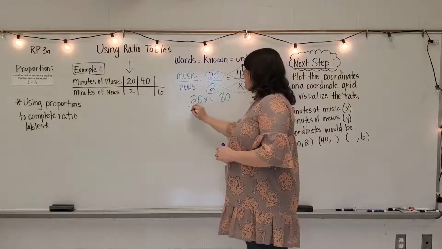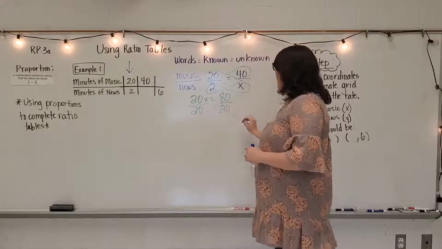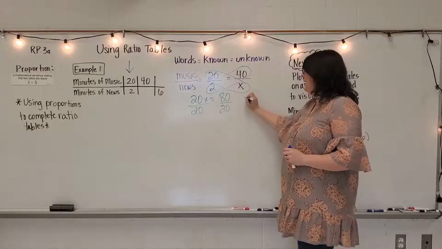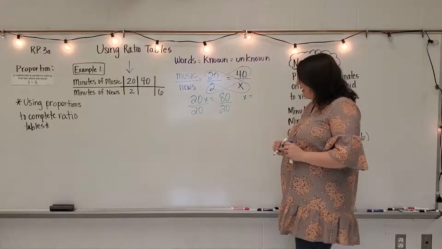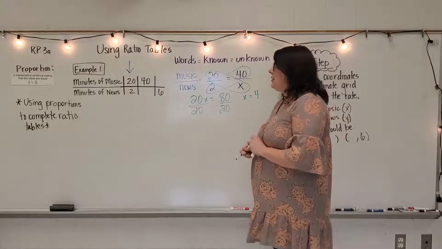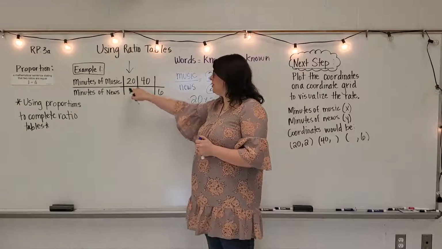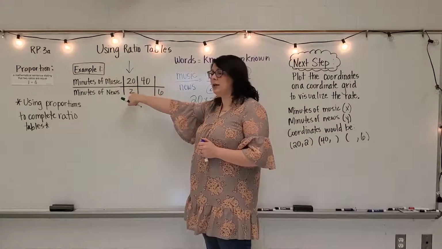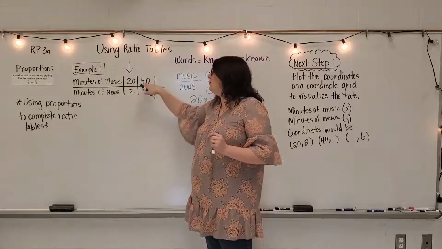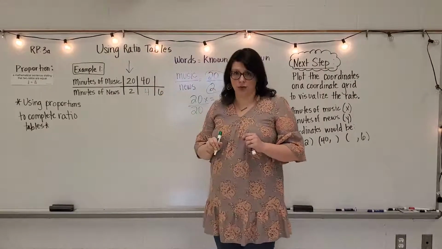And we are going to divide by 20 on both sides to get x by itself. We're going to use that inverse operation, and x is going to equal 80 divided by 20, which is 4. So in this proportion, if someone listens to 20 minutes of music and 2 minutes of news, and that rate continues, then for 40 minutes of music, we're going to have 4 minutes of news.